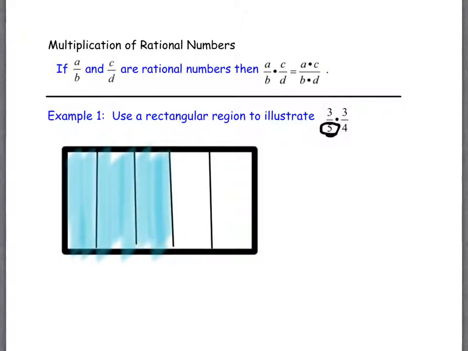So I have 3/5 of whatever diagram you want. I'm using a rectangular region here. And then what I'm going to do is split it long ways into 4 strips. Again, that's because of this number 4 down here at the bottom. So I'm going to split it long ways into fourths.